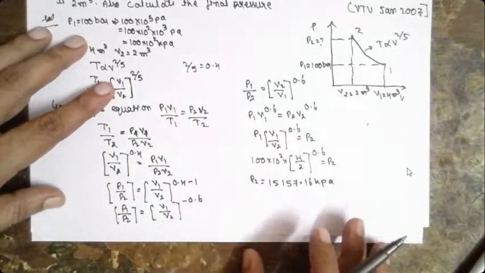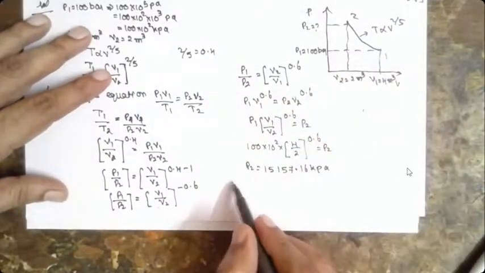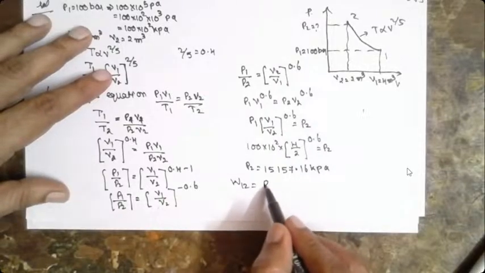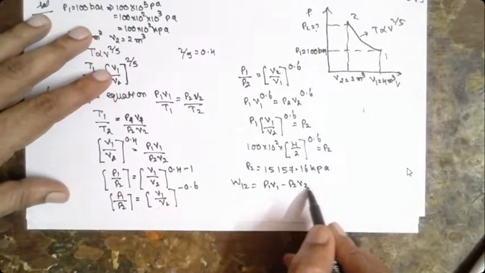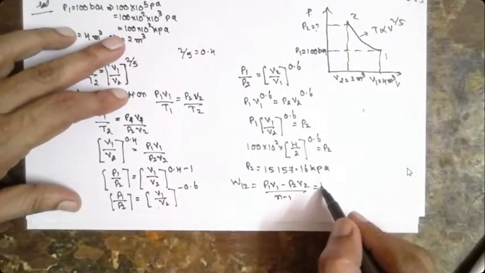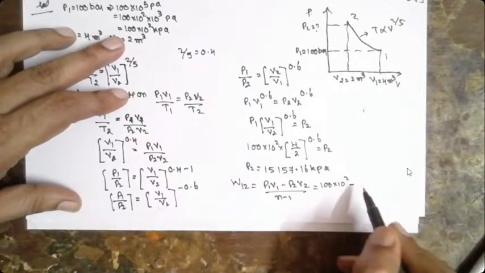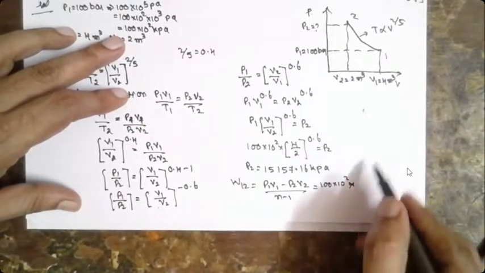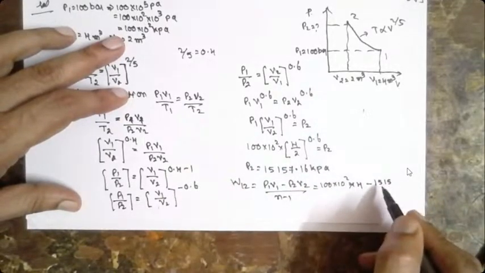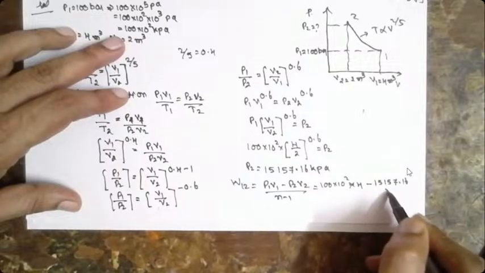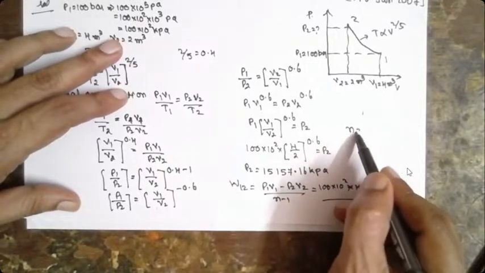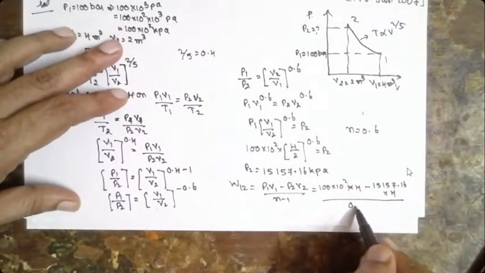We can find out the work done. The work done from 1 to 2 is P1 V1 minus P2 V2 divided by n minus 1. Now P1 is 100 into 10 raised to 2, into V1 which is 4, minus P2 which is 15157.16, into V2, divided by n minus 1, where the n value will be 0.6, so 0.6 minus 1.